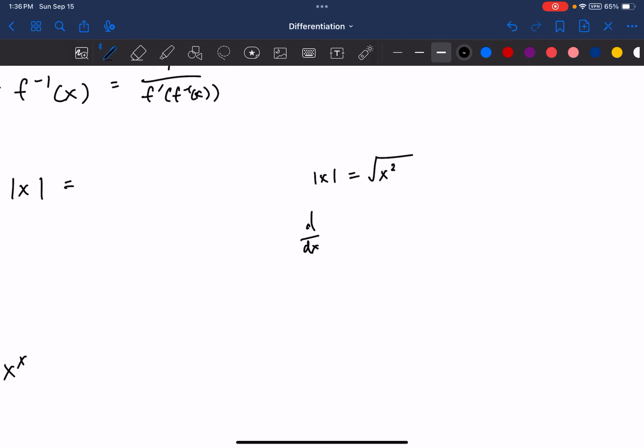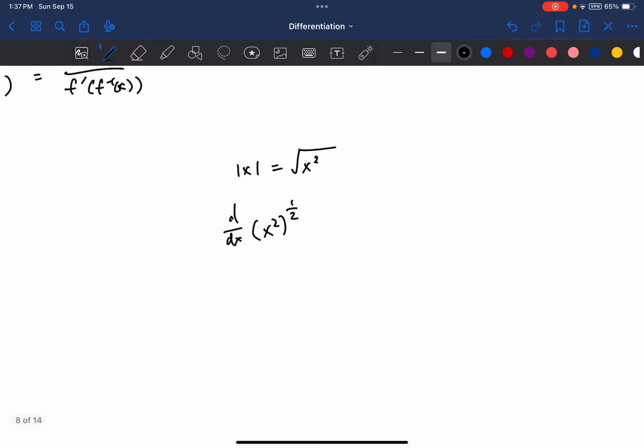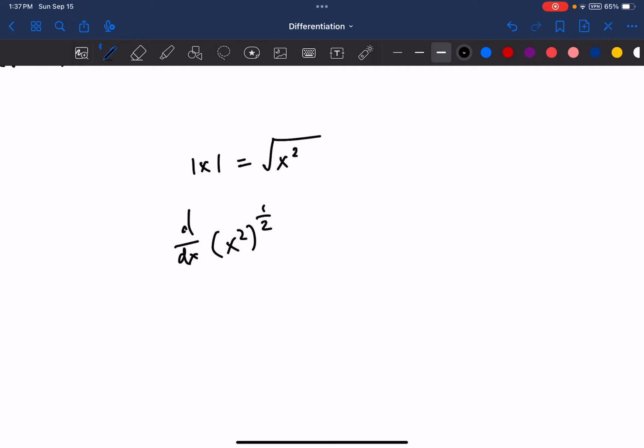So let's say I want to differentiate this. Okay, I differentiate this. So what I would do first is I would rewrite this as 1 over 2, so it's easier. Technically in differentiation, I would combine these two powers first, but let's not do that, and let's just do chain rule first.